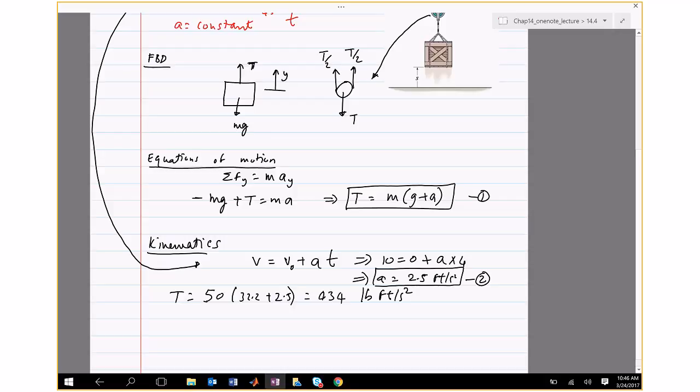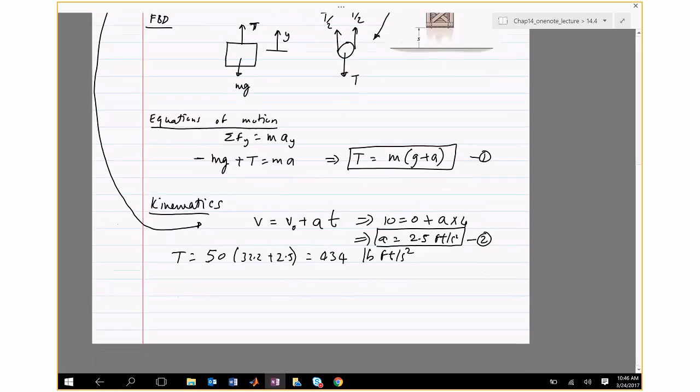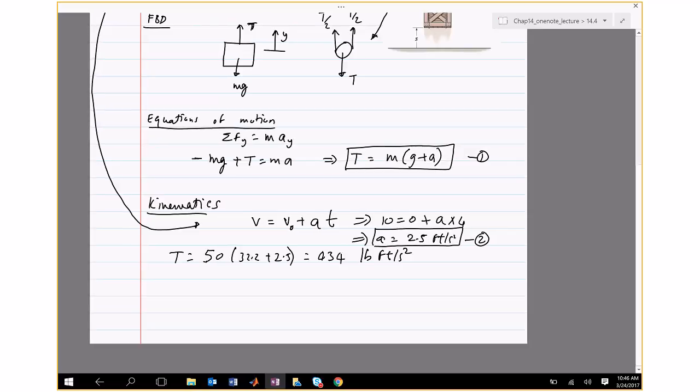Now what I need to do is find the velocity at time t equals 2 seconds. So that is simply v0 plus at. So that's 0 plus acceleration, 2.5, times the time, 2. So that's going to be 5 feet per second.